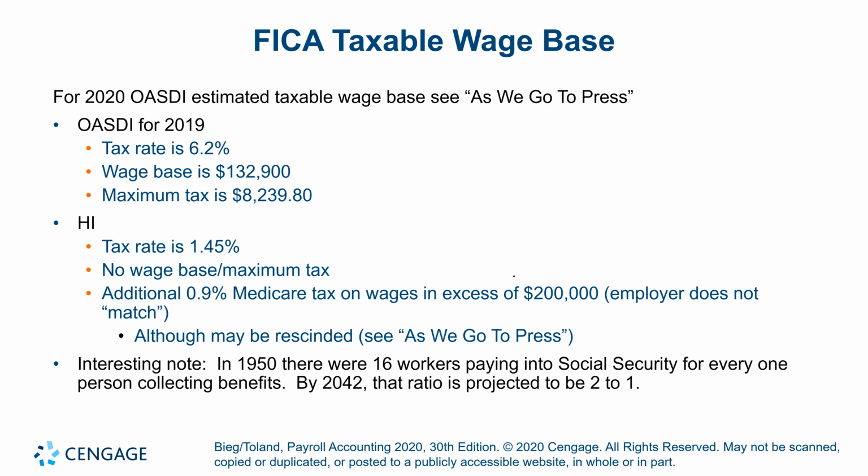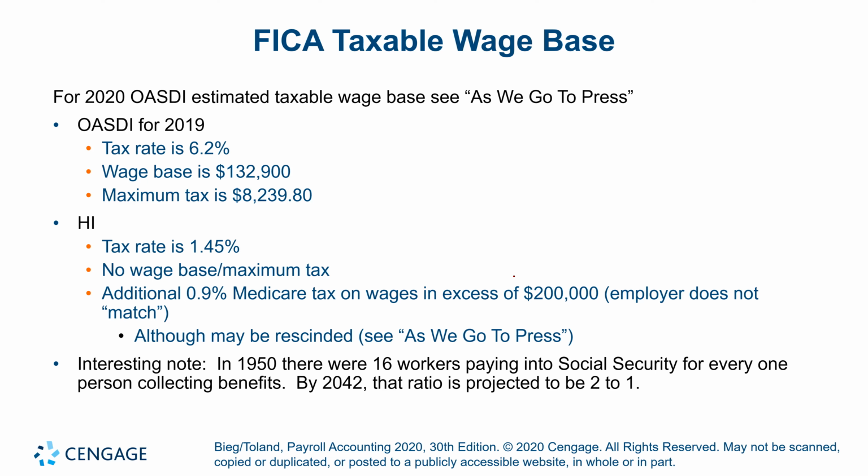As of the printing of this payroll textbook, the wage base is 132,900. And if I'm not mistaken, because these are 2019 numbers, right now in 2020, I want to say it's like 142,000. So it's even gone up a little bit more than this.